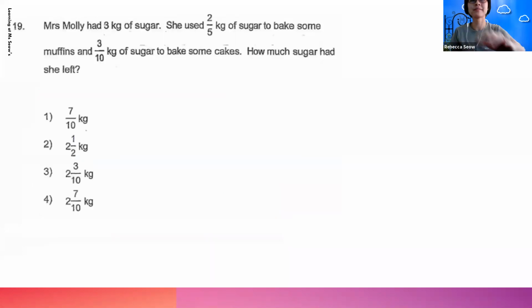Okay, we'll move on. So this is another MCQ question. Take a minute or two to work this out and we'll go through it together.